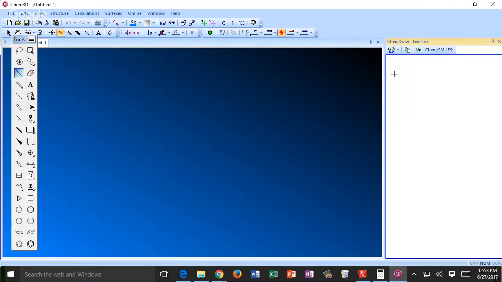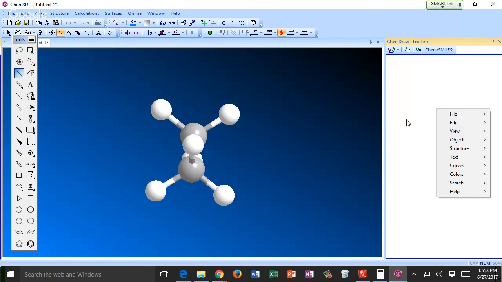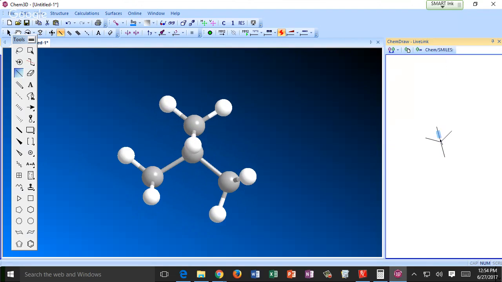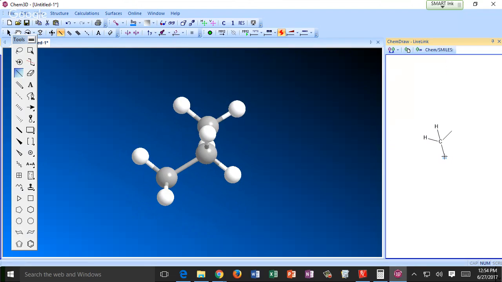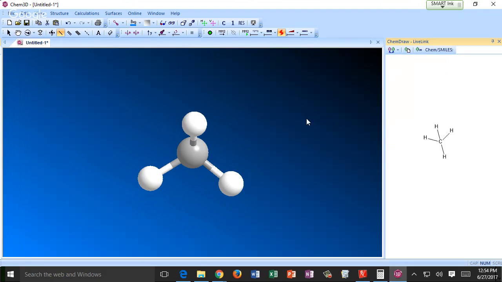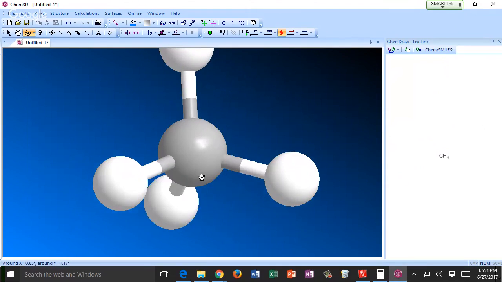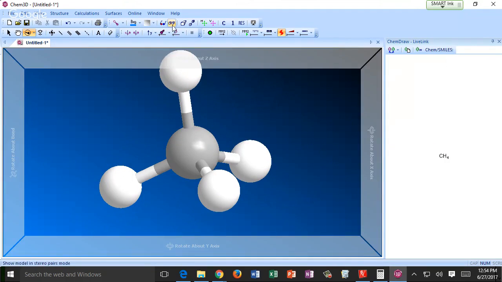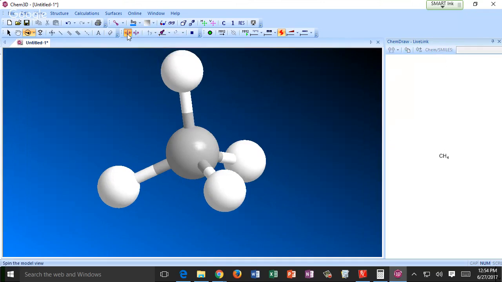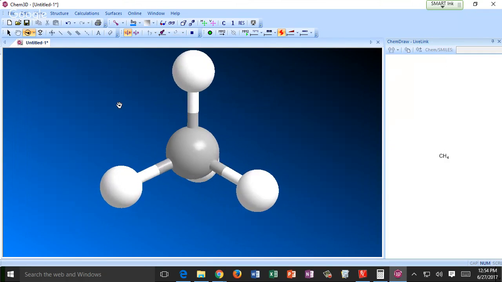We're going to draw a methane molecule, and see what this looks like in 3 dimensions. So you can kind of get a sense of that.